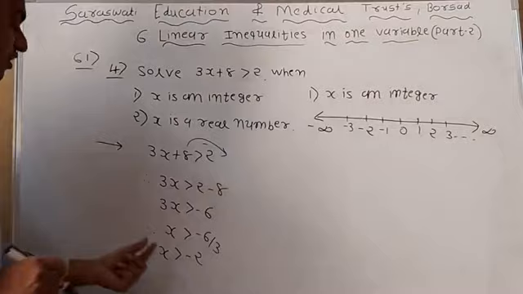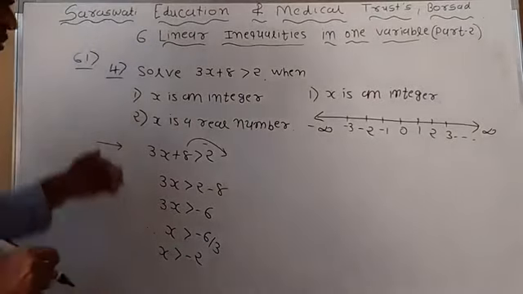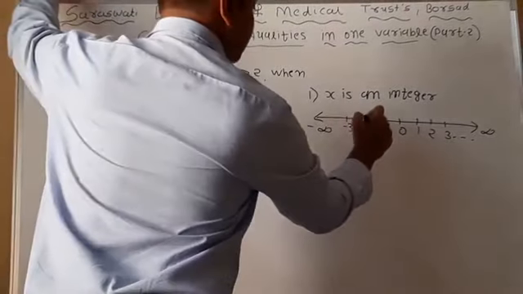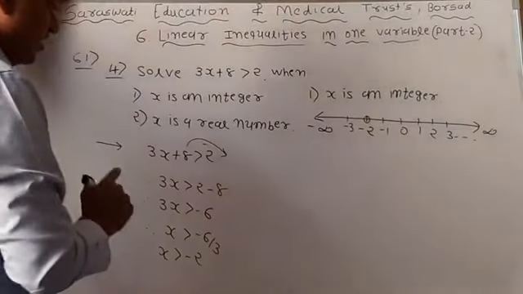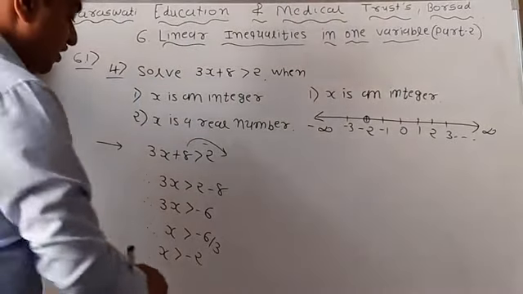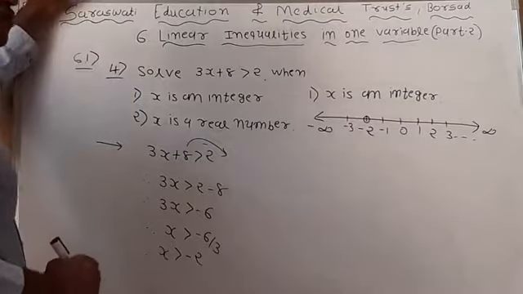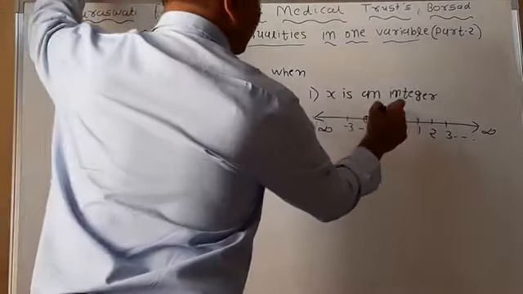Now the greater than form is present and minus 2 is here. Strictly greater is present, that's why we cannot consider minus 2, but the arrow is going to the right side.